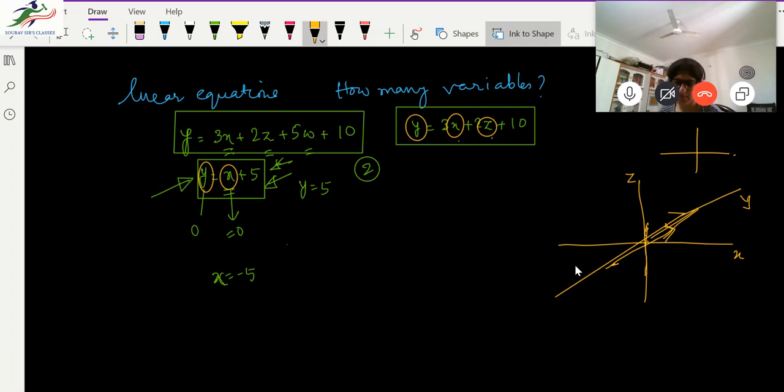So in that we have to take the value of y as 10. So it will be somewhere in there, in between the three, right? So similarly, we can take x equal to 0, y equal to 0, and z becomes minus 5, right? So again, it will be hanging somewhere there. So basically, this would not be a straight line, but this would be a plane.